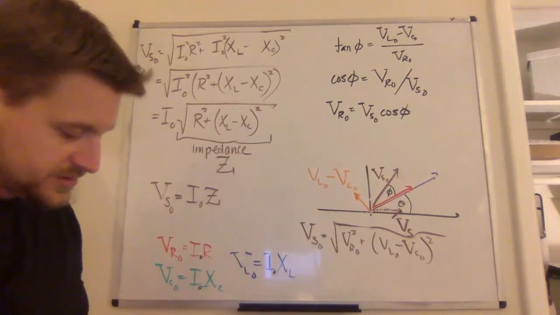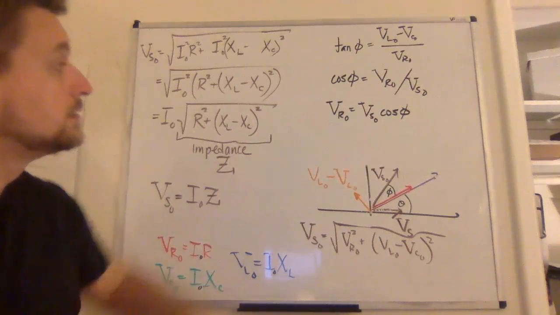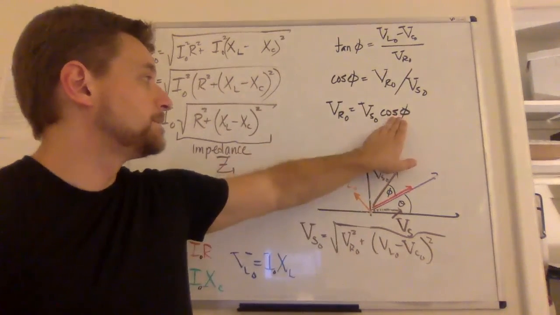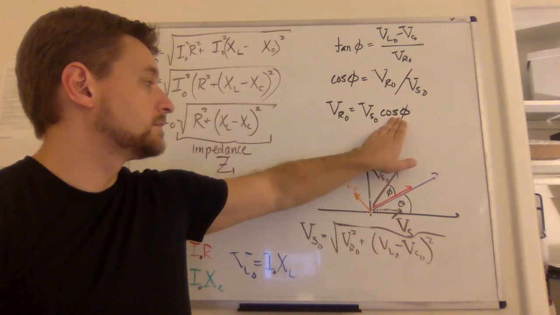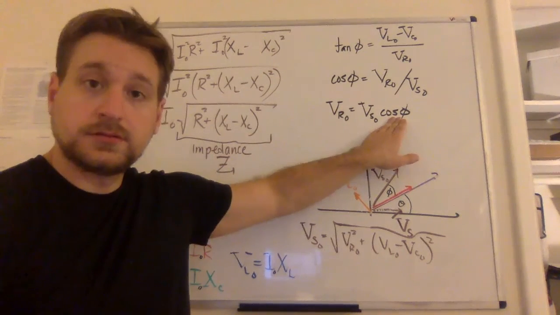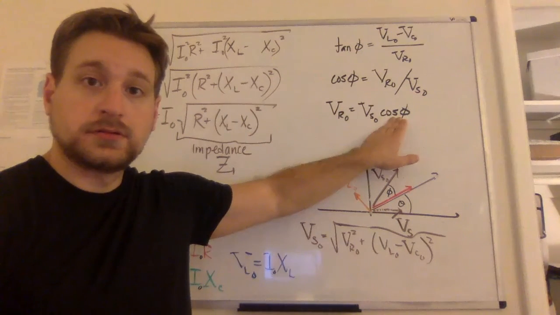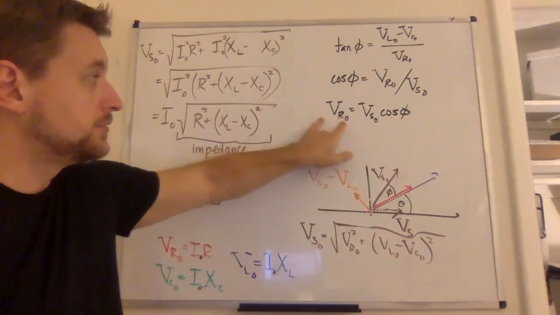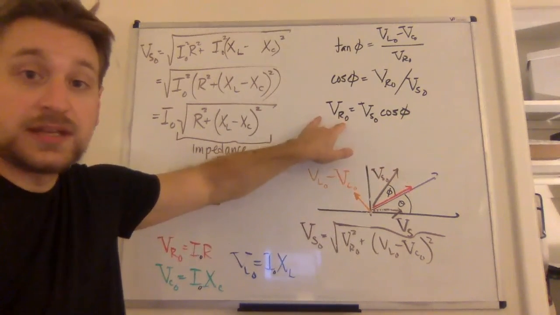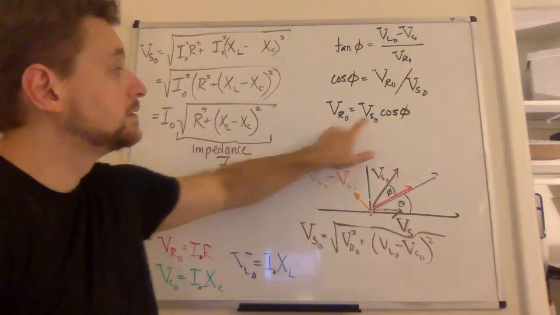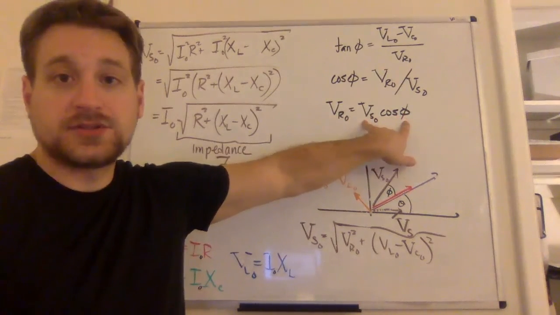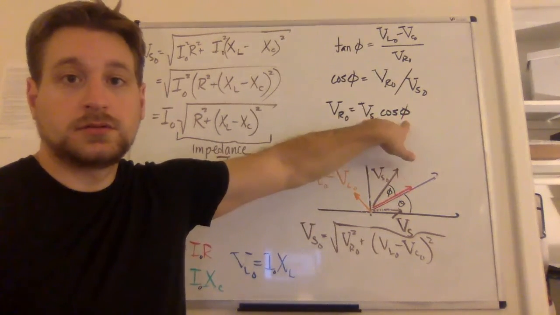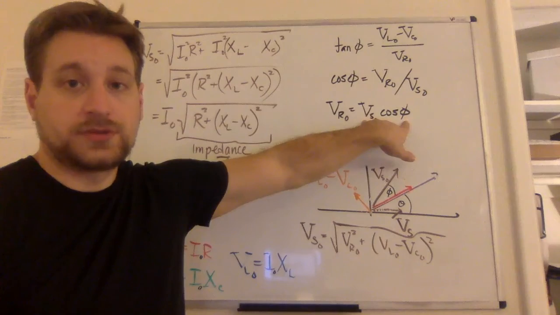And this tells us the factor by which the power dissipated in the resistors differs from the power supplied by the source.